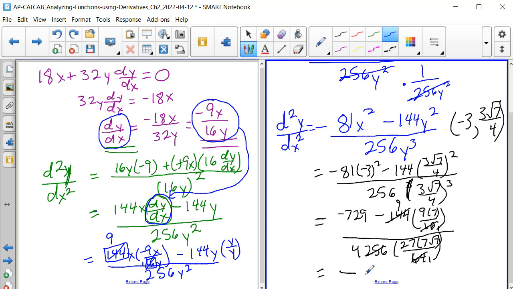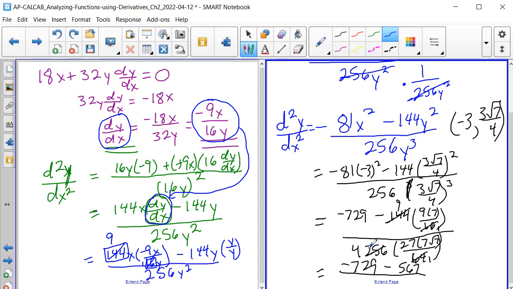So that makes our rational expression reduced to negative 729 minus 567, and I got that by multiplying 9 times 9 times 7.